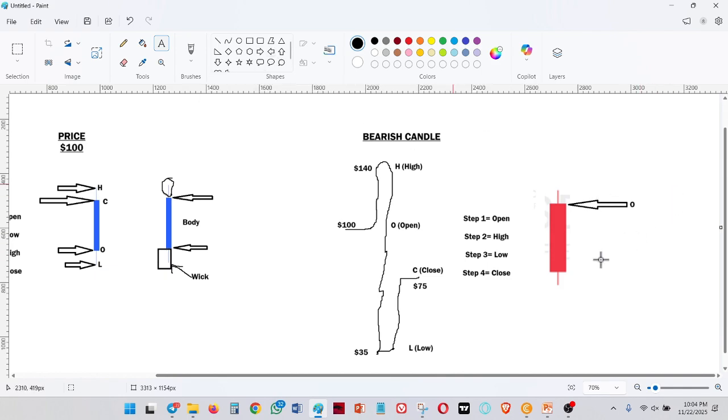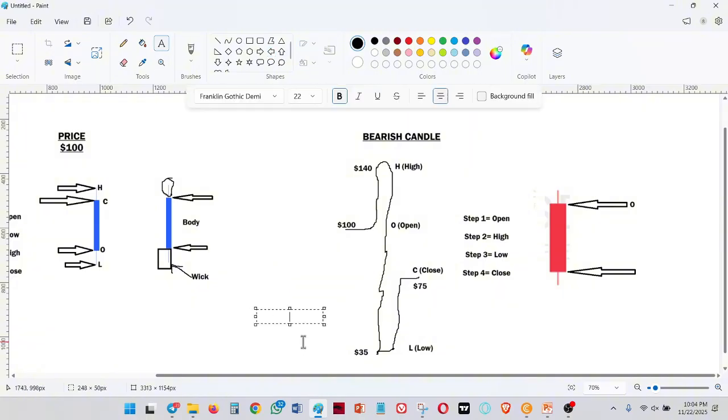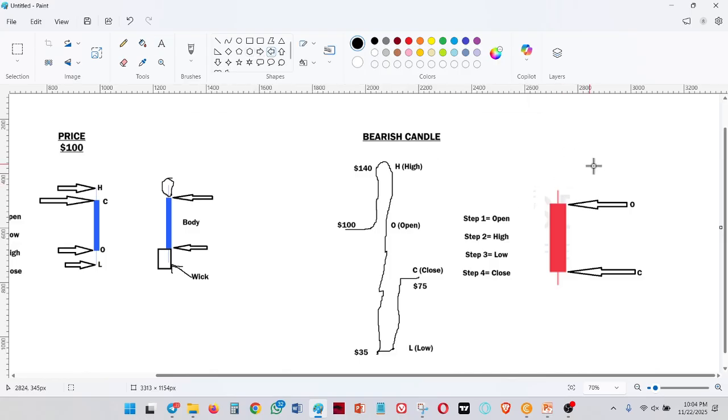Then if we go down here at this level, we have our what? We have our C, which is our close right here. Then if you are paying attention, we also have our what? Our high. We have the high right here at the top of this place.